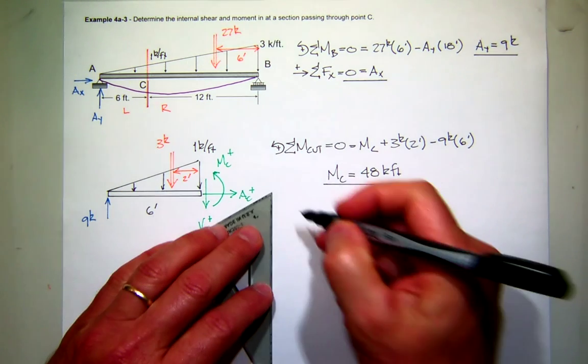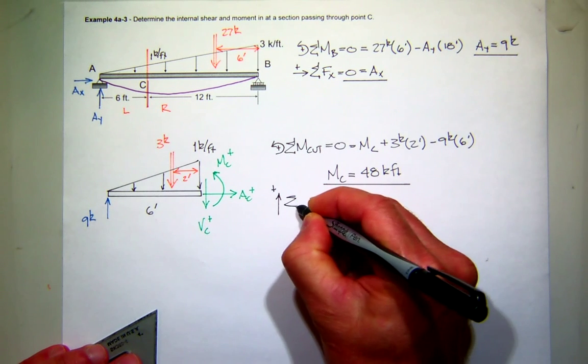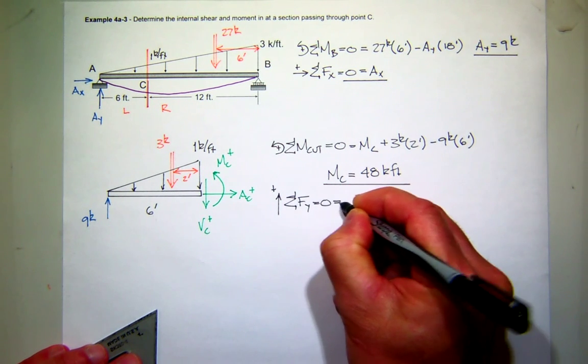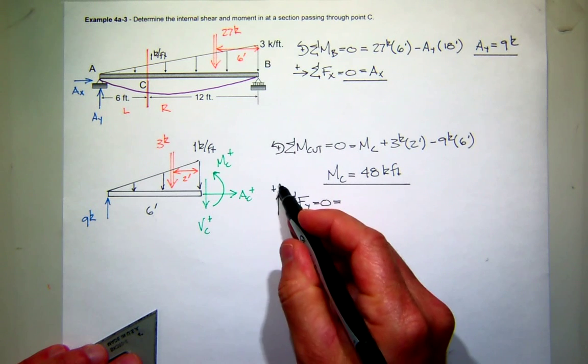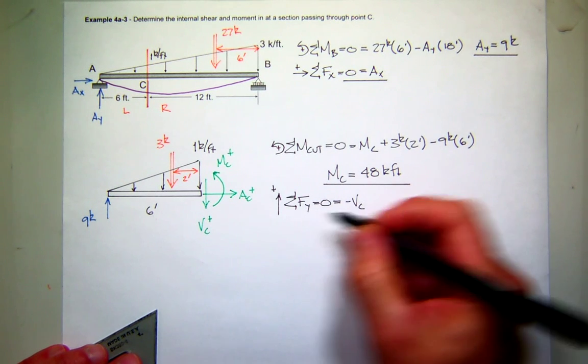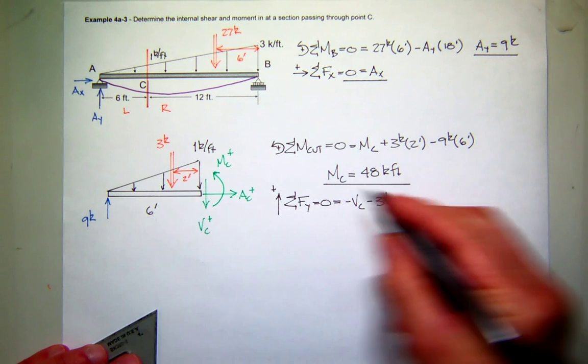And just to finish this one up, it shouldn't be much trouble to go ahead and sum forces in the vertical direction. I'm assuming up is positive, so this VC force, shear at C, is down. The 3-kip force is down. The 9-kip force is up.